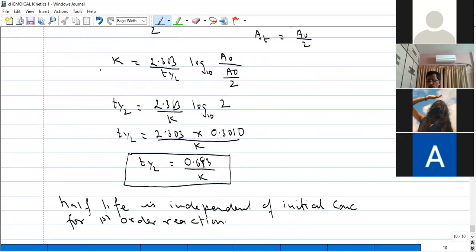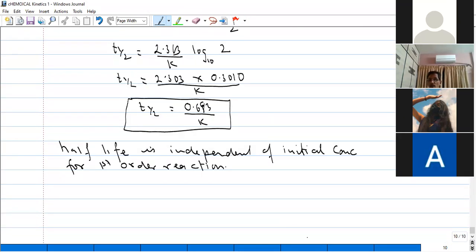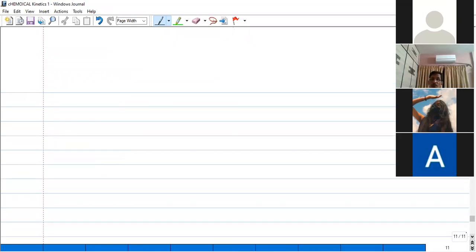Now, next what we are going to see is the graphical representation for first order reaction.